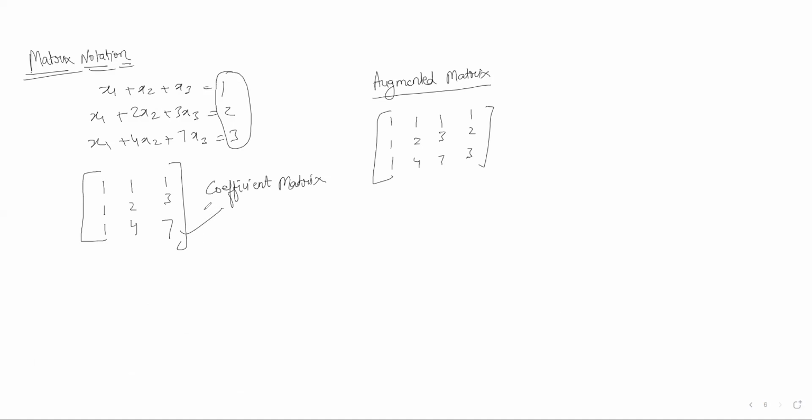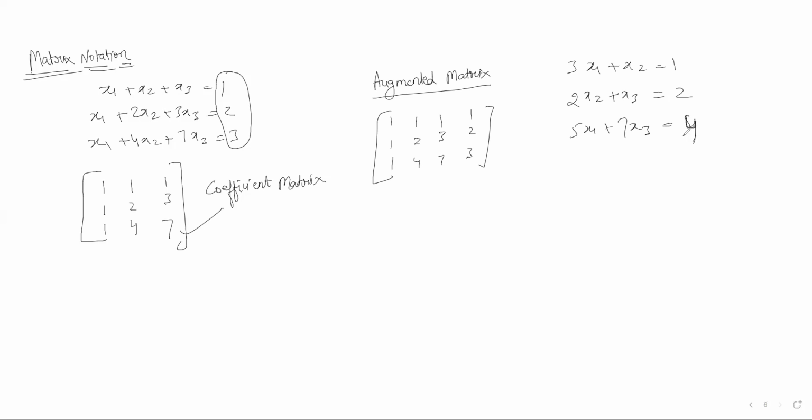And if the coefficient of any variable is missing, how do we write it? Let's say the equations are given as x1 plus x2 equal 1, x2 plus x3 is equal to 2, 2x2 plus, we call it 3, and then 5x1 plus 7x3 is equal to 4.